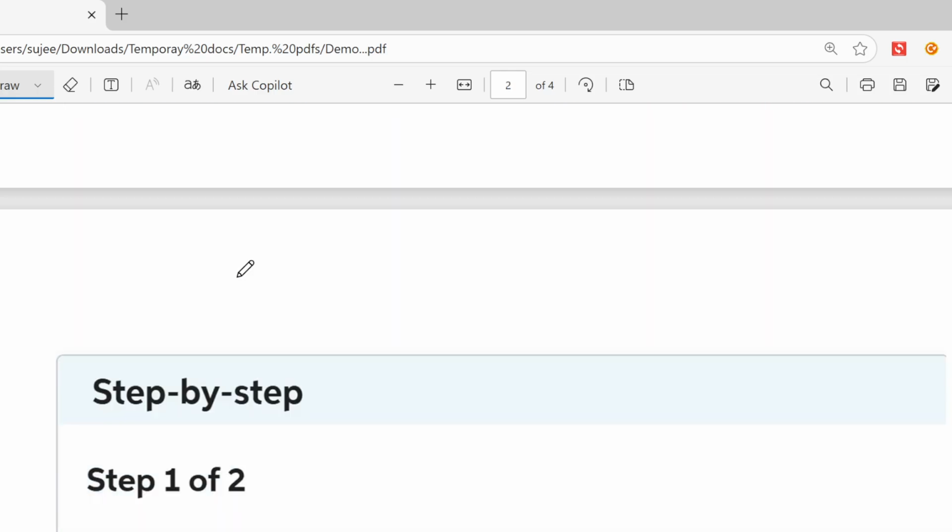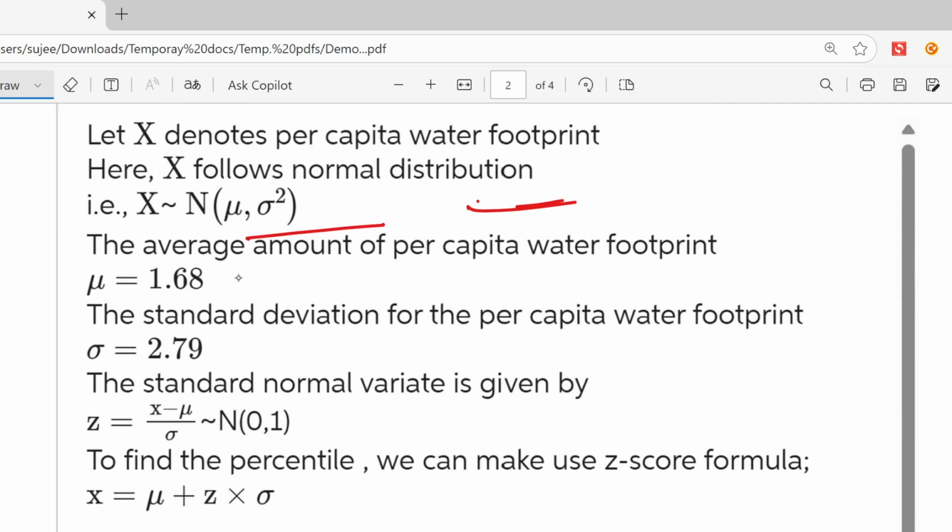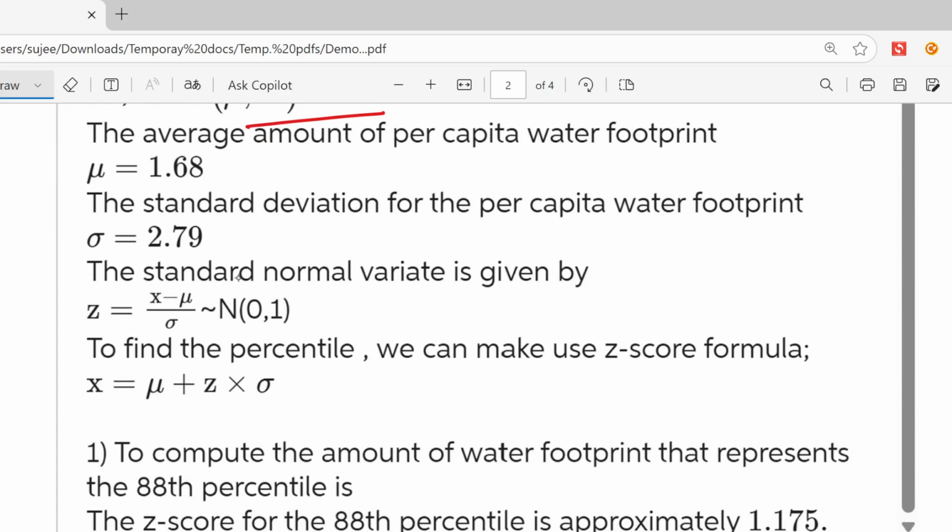Okay, so let's solve the first question. Let X denote the per capita water footprint. Here X follows the normal distribution, as mentioned above, so X follows Normal(mu, sigma squared). The average per capita water footprint is mu equal to 1.68 megagallon.